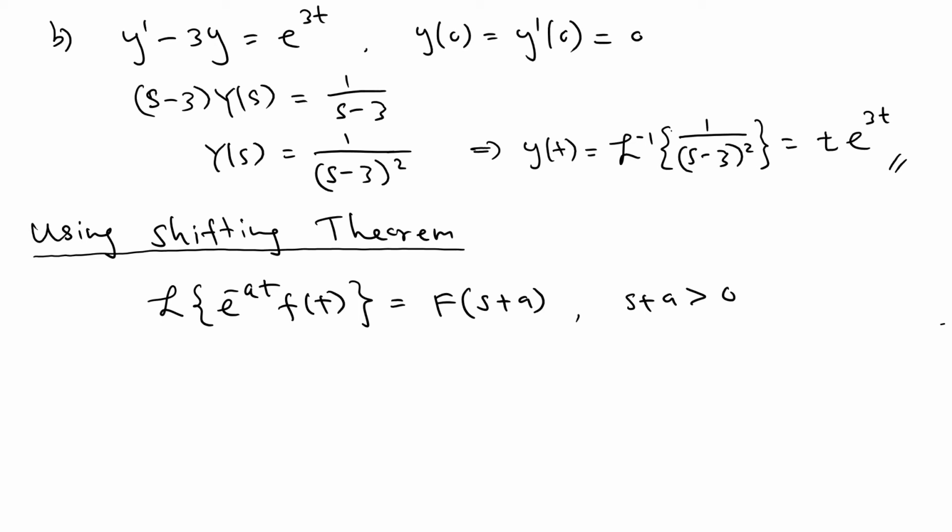This is what we call the shifting theorem, and it is very easy to prove. So what we're trying to do now is use this theorem in a problem. The next example is going to be like this. Let's start with this problem. I'm going to go with this one.